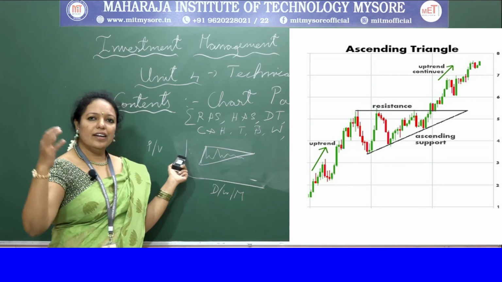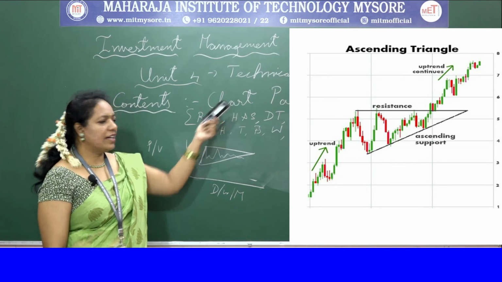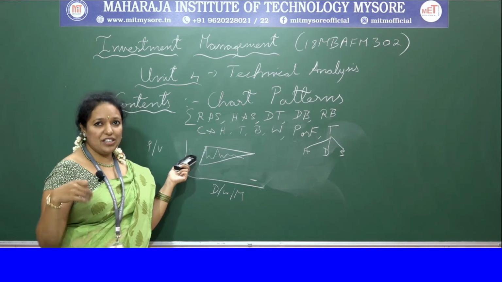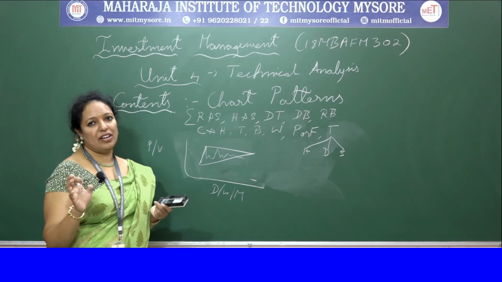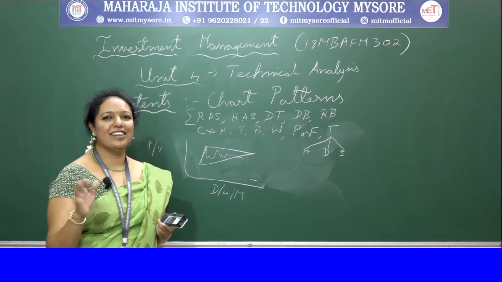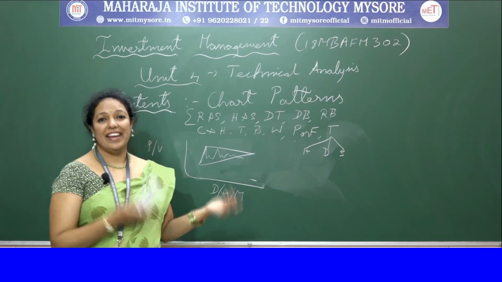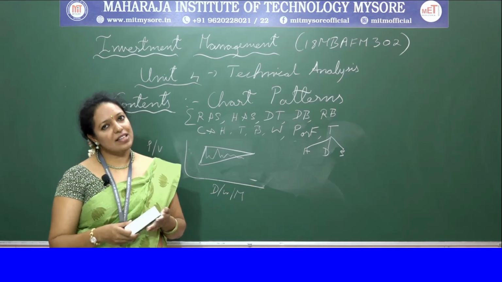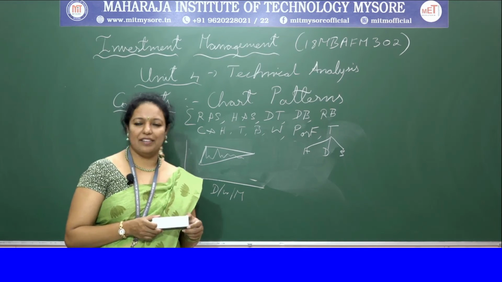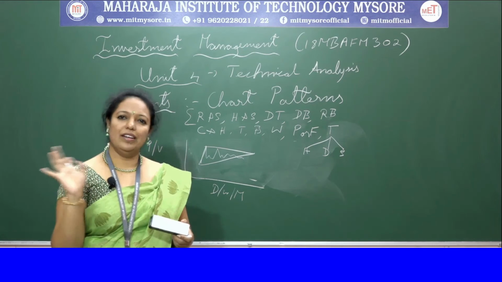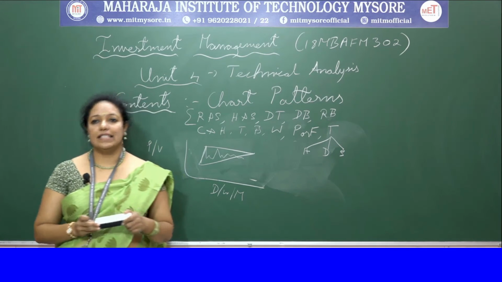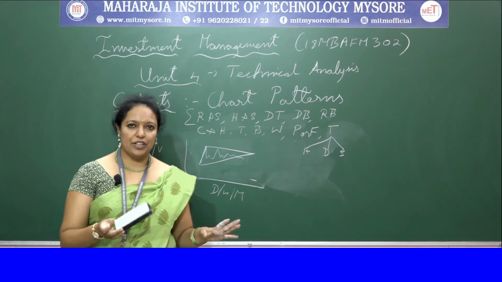Okay, the opposite of this, you can see the chart here also. The opposite of that is the descending triangle. Now, what is a descending triangle? It is similar to the descending order. Like you have 80, 75, 70, 65, 50, a decrease in number in the same way. Descending triangle signifies the bearish trend.